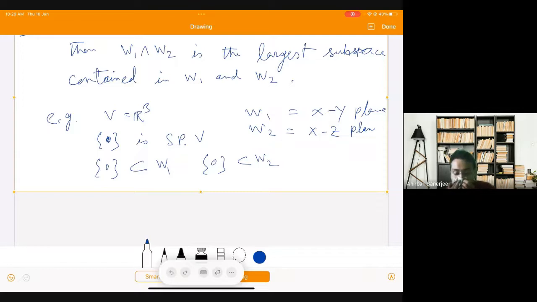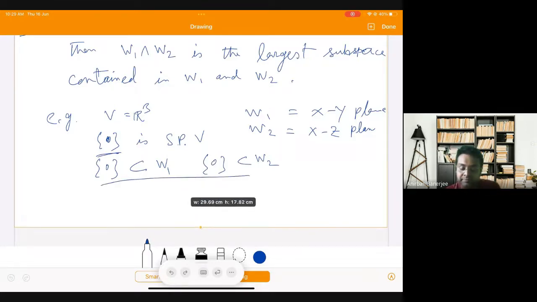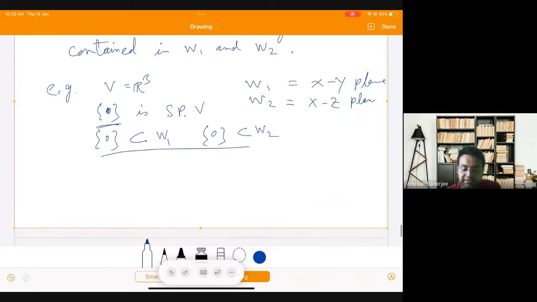Fine. But this is not the largest subspace of V which has this property. In this case, the largest subspace of V which is contained in both W1 and W2 is the x-axis. And what is the x-axis in this case? If you take W1 intersection W2, this will give us the x-axis.